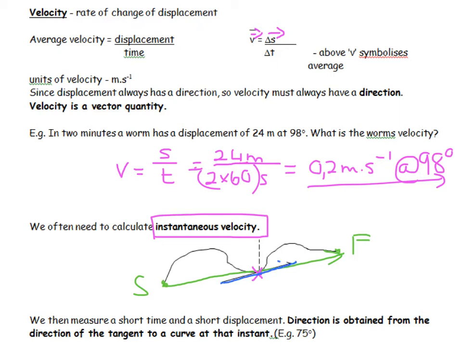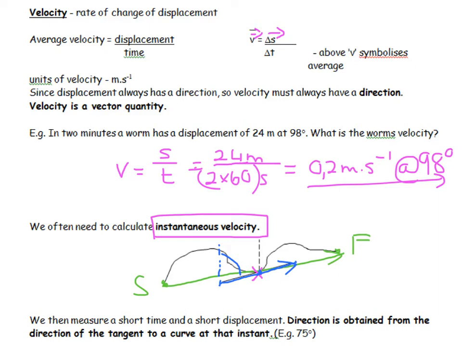It is a line that touches the curve at just one point, and I work out the direction of that line in order to determine the direction of the instantaneous velocity. Again, with instantaneous velocity, I end up using a short displacement and a very short time.